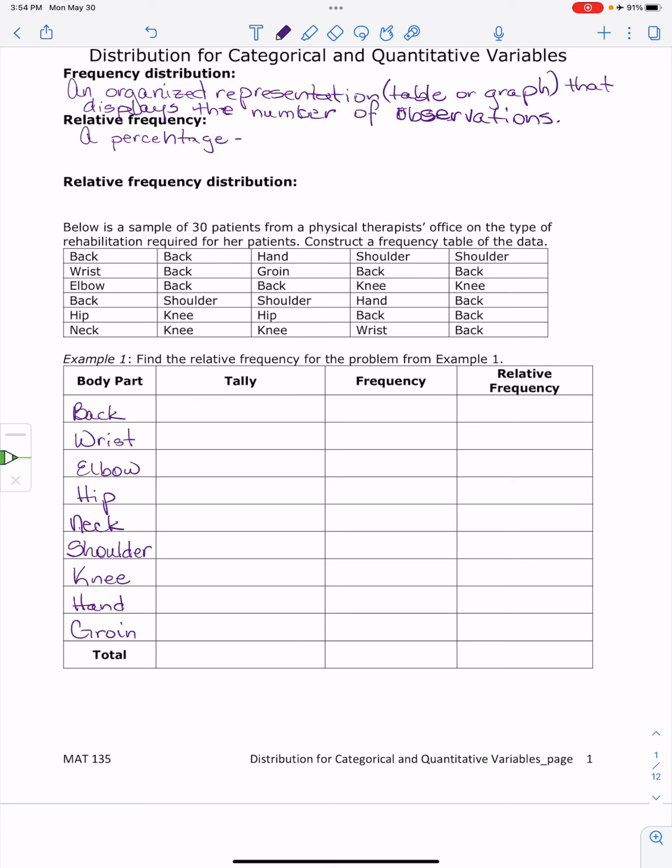So it's how often a specific thing occurs within the total number of observations.